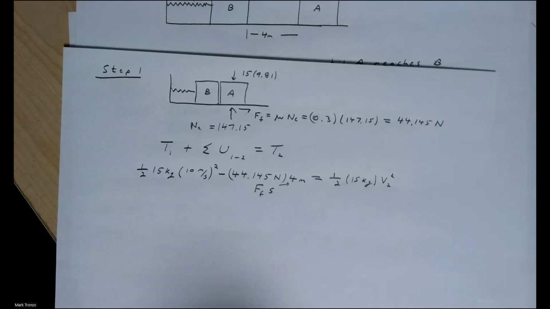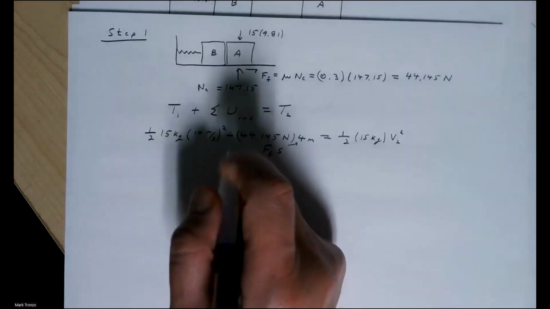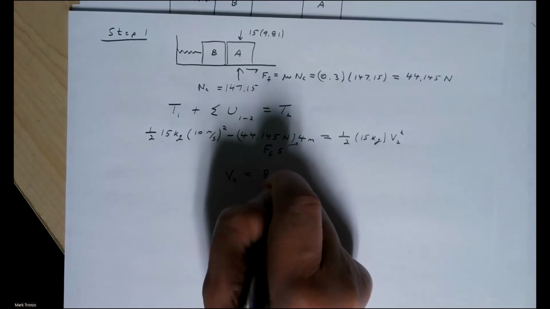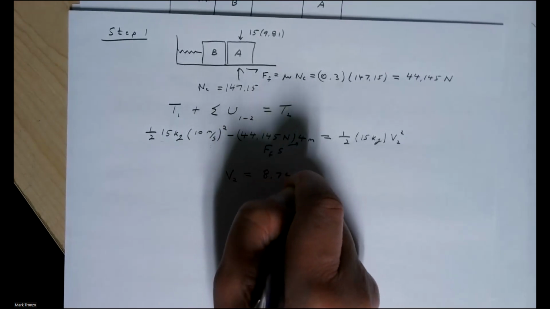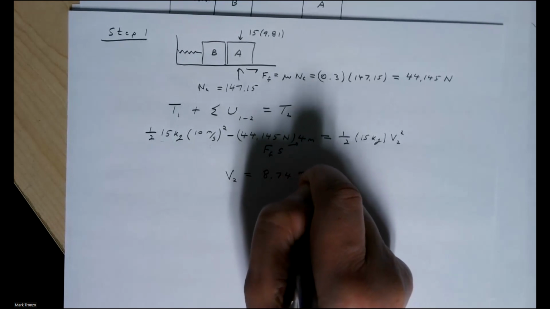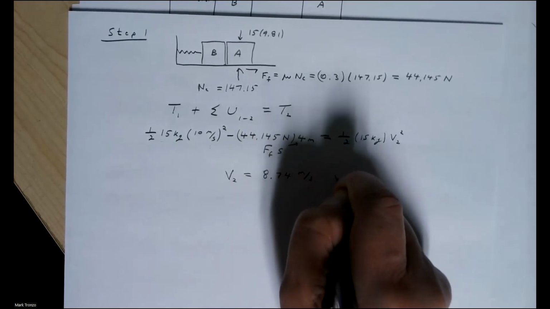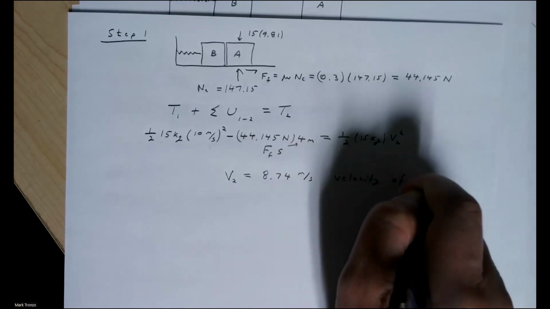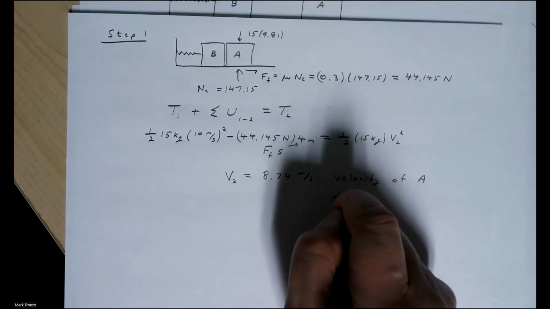And we take the square root, we get the velocity just before impact of 8.74 meters per second. That's the velocity of A just before impact.